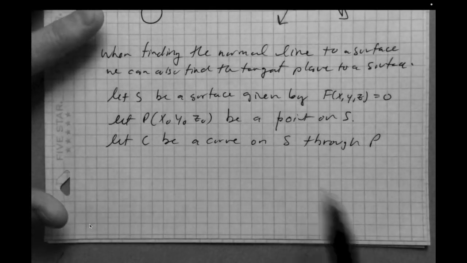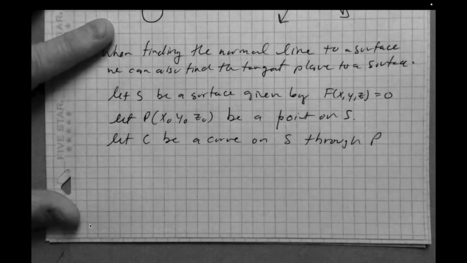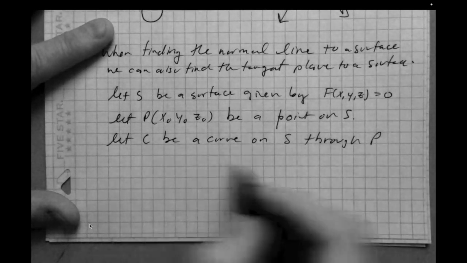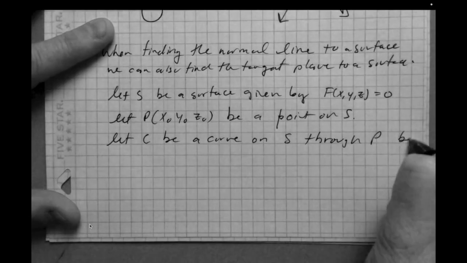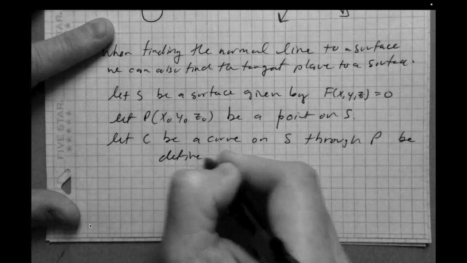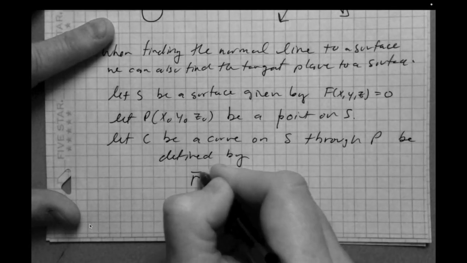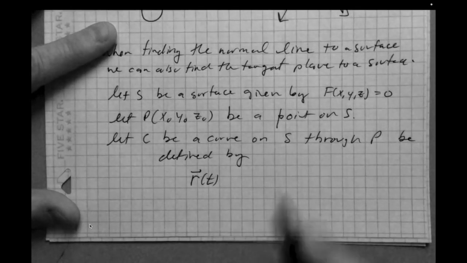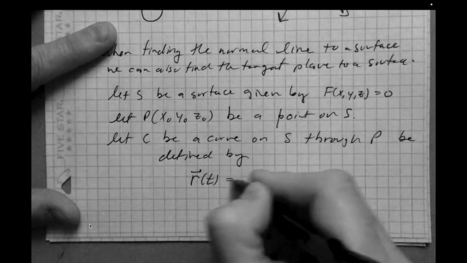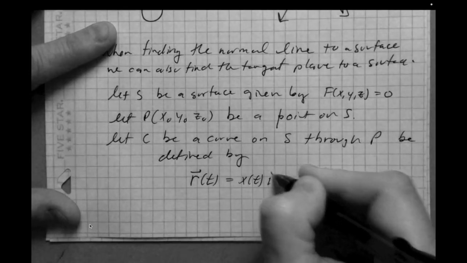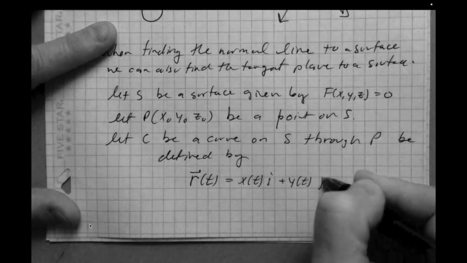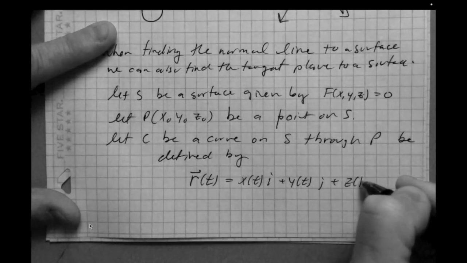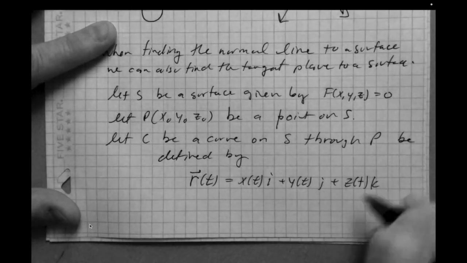And this curve C is going to be defined by a vector valued function, r of t equals x of t i plus y of t j plus z of t k.